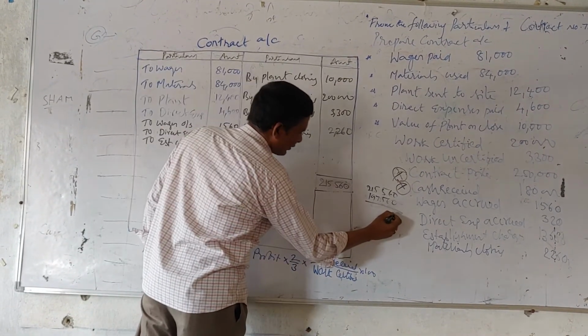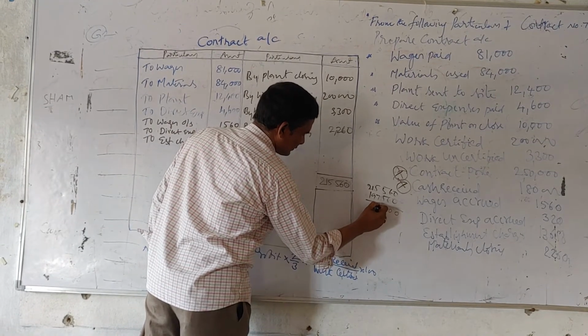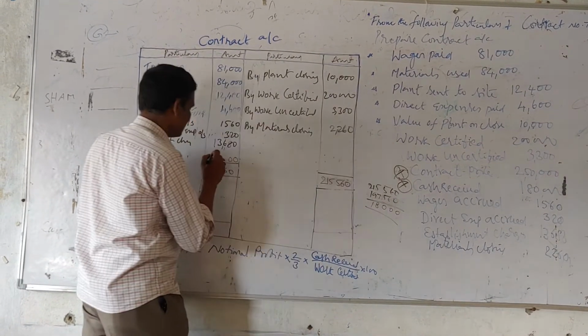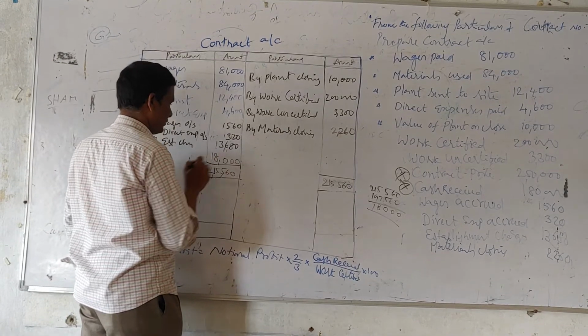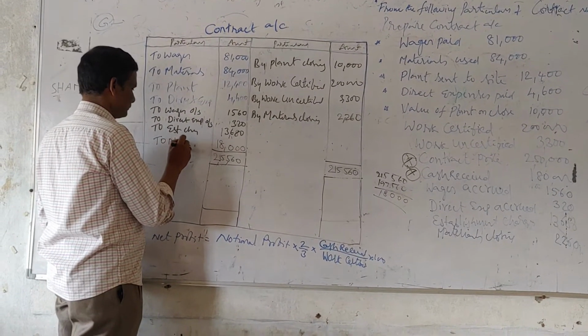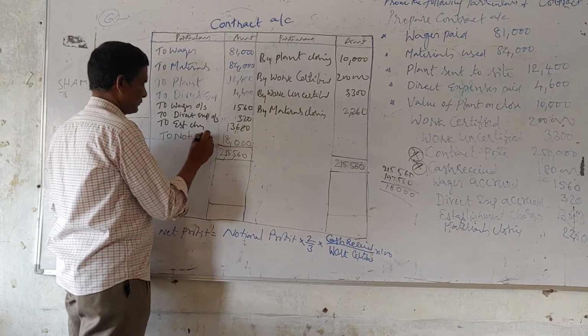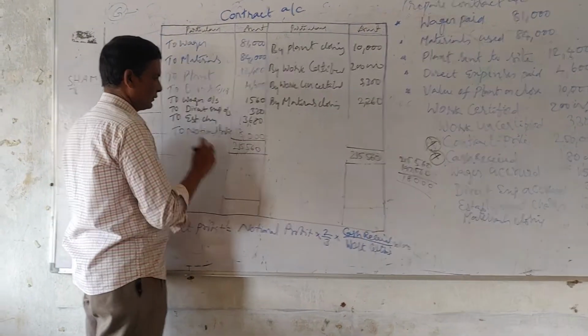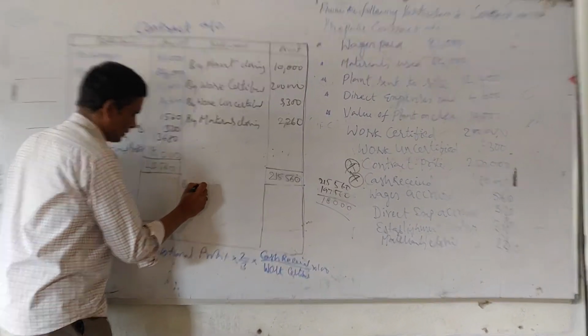So 18,000 is the notional profit. So this is taken to the other side, notional profit.